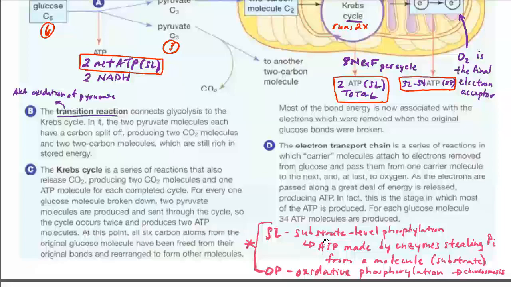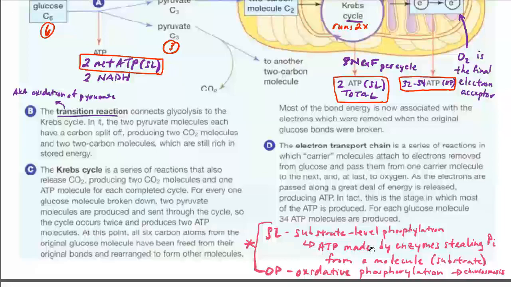In this case here, substrate is going to be some molecule that has a phosphate group attached to it, right? And you're going to steal that inorganic phosphate from an existing molecule and make some ATP. So that's why it's called substrate level phosphorylation. An enzyme is doing the job and it's stealing a phosphate from a substrate that already exists.